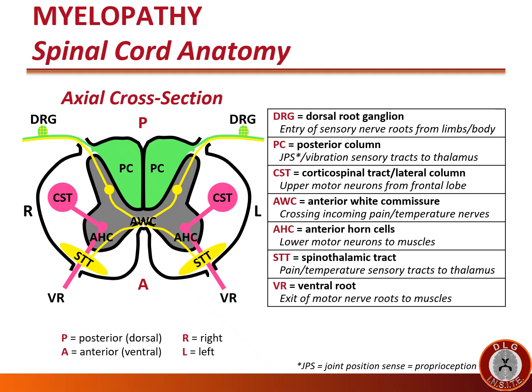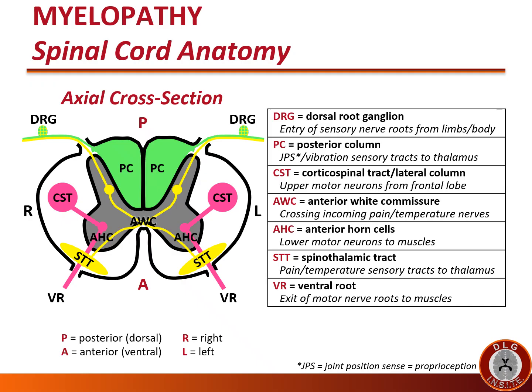The large fiber proprioception and vibration nerves enter into the ipsilateral posterior columns. And the joint position sense or proprioception and vibration tracts are then sent upwards rostrally to the ipsilateral thalamus.